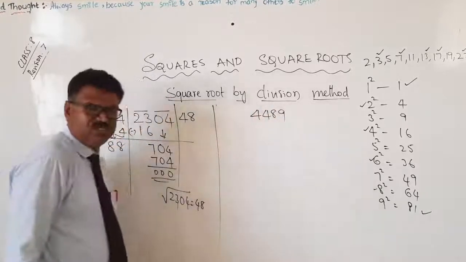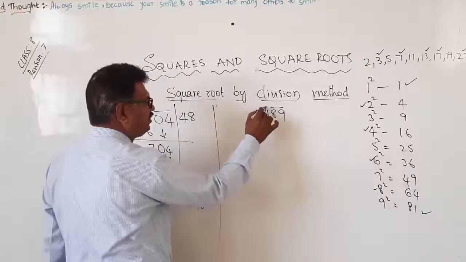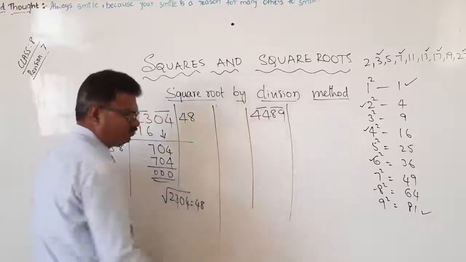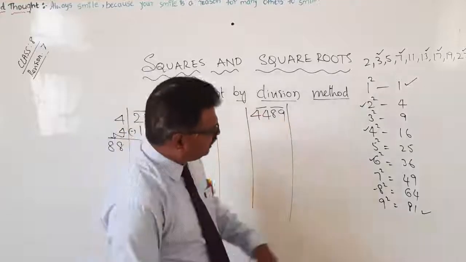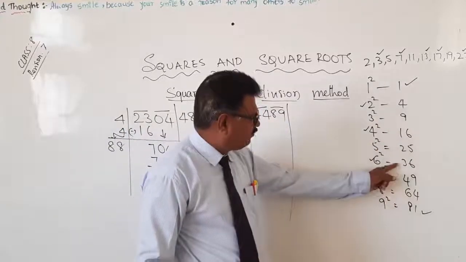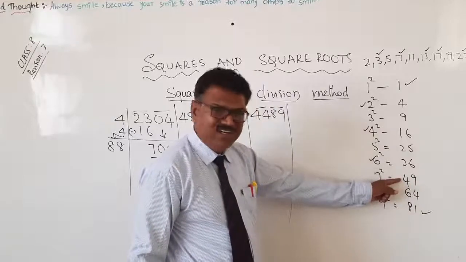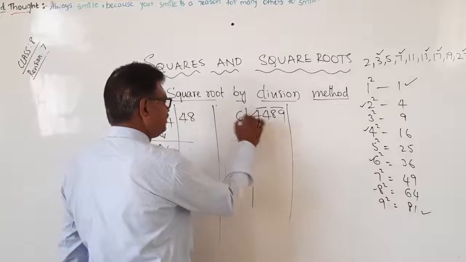4,489. Again from right side 1 and 2. Now you can do it like this. Okay? Now 44 is there. You see, 44 lies between 36 and 49. 36 and 49. Therefore you should take 36, means 6.